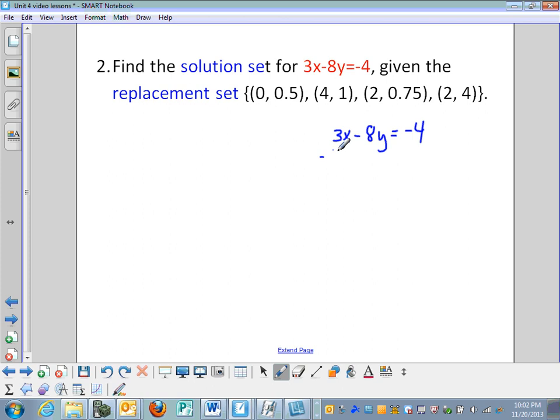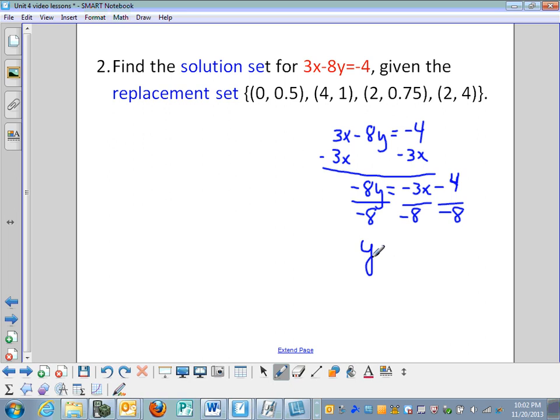I'm going to subtract 3x from both sides: negative 8y equals negative 3x minus 4. And divide by negative 8. It's going to give me y equals 3/8 x plus 1/2.